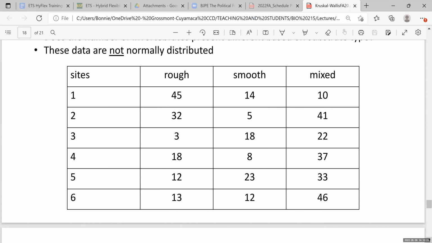Right, so pause the video here and write down these data, and then try and assign the ranks and find your summed W's, and then calculate the value of the H statistic. I'm going to show you the answer so that you can check your work, right?